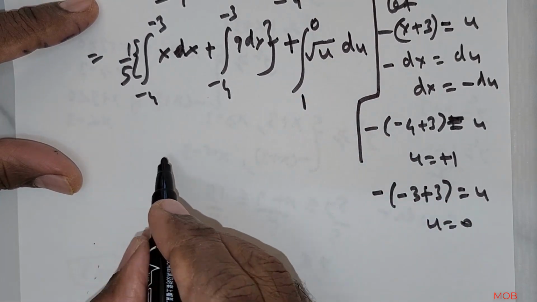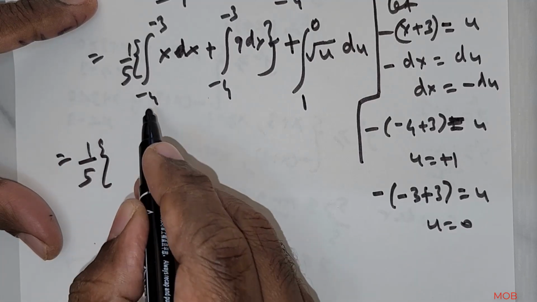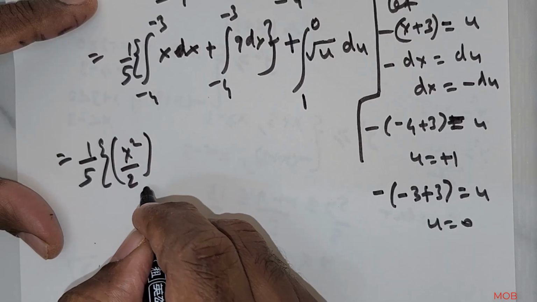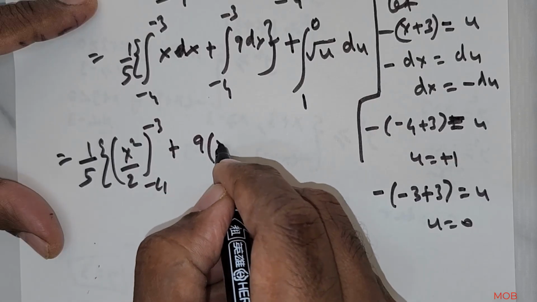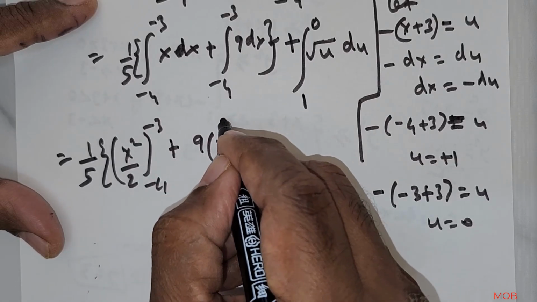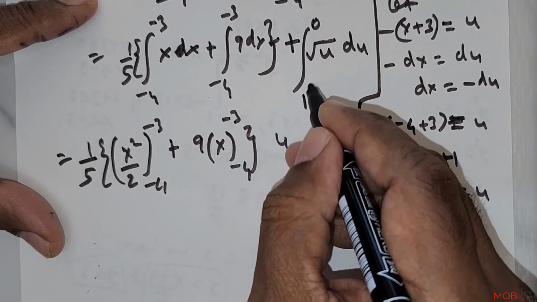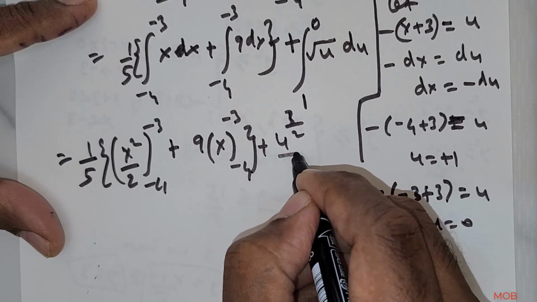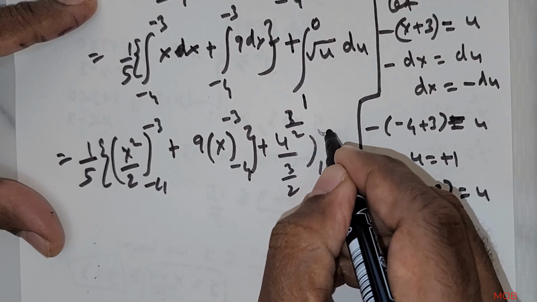So if I were to integrate, this is going to be x squared over 2, the limits are negative 4 to negative 3, and plus 9 times x, the limits are negative 4 to negative 3. And this is going to be u raised to the power of 3 over 2 divided by 3 over 2. The limits are 1 to 0.